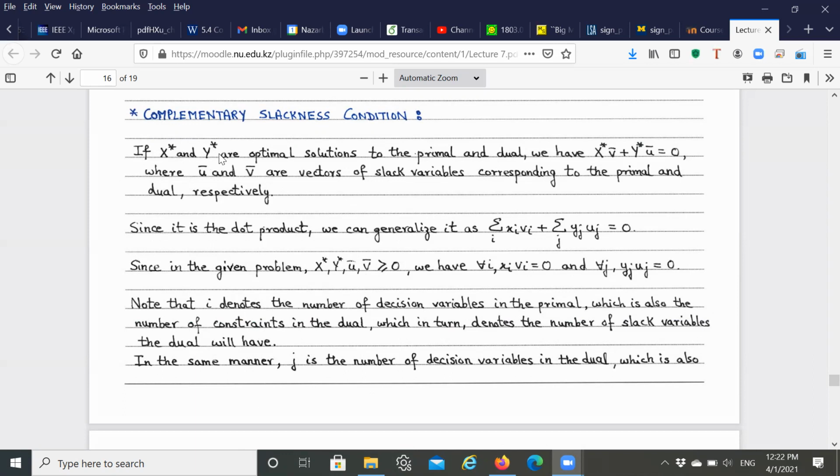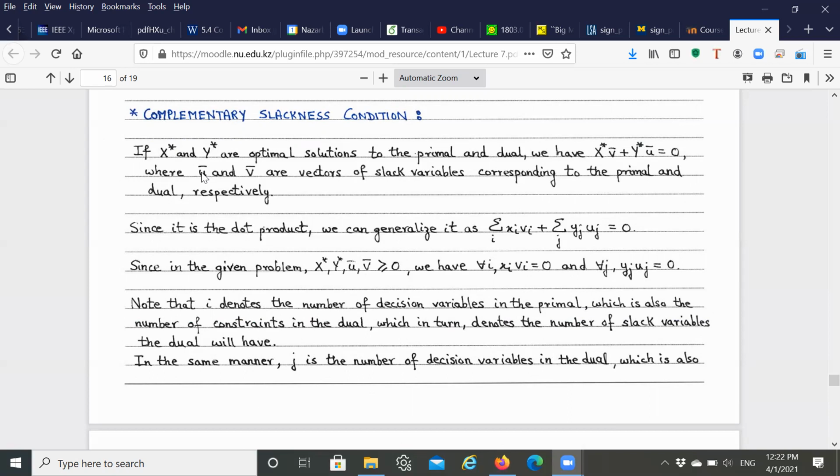Y star means the tuple of optimal values for the decision variables in the dual, and X star is a vector where every element is a decision variable whose value gives us the optimal solution. X star is the optimal values of the decision variables in the primal. Y star are the optimal values of the decision variables in the dual problem.